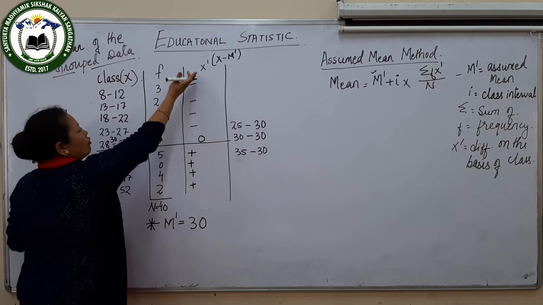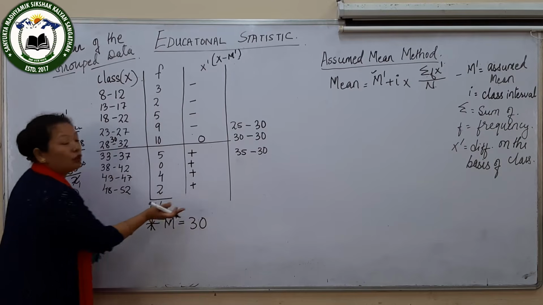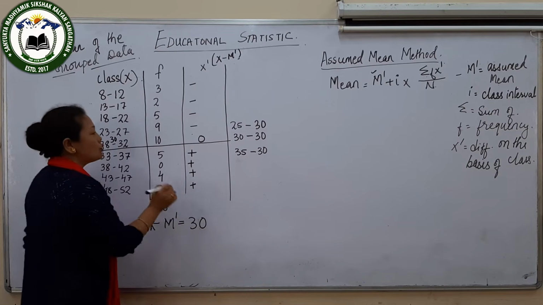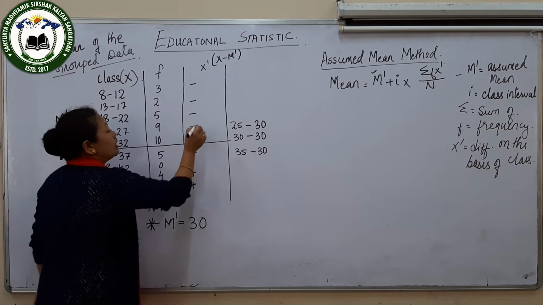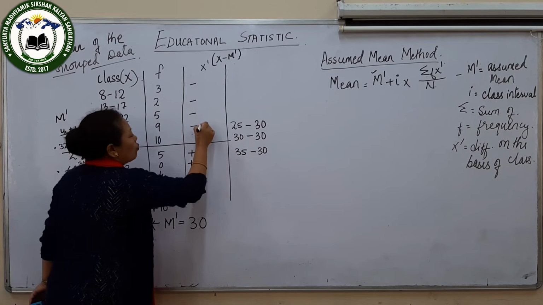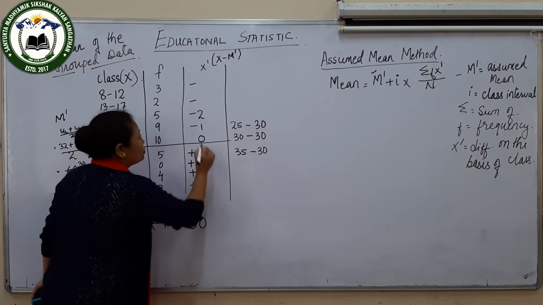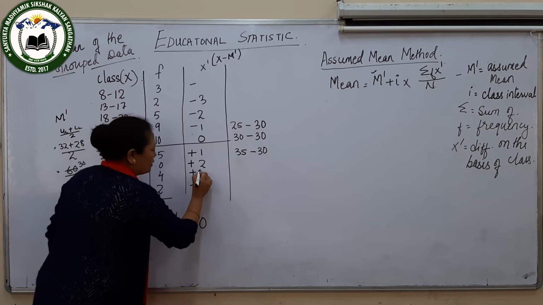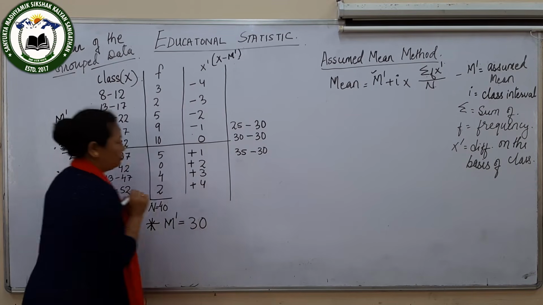So, we have 4 numbers above the frequency and 4 numbers below the frequency. If I am getting the similar number 5, 5 over here, instead of 5, 5, I will write 1, 1. So, 2, 2, 3, 3 and 4 and 4.